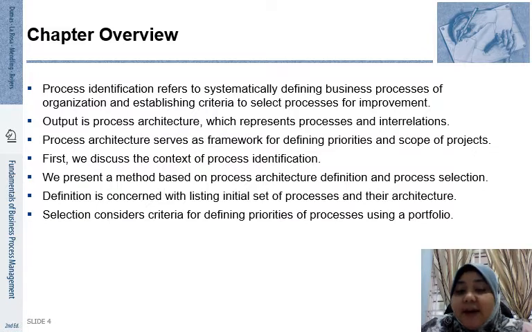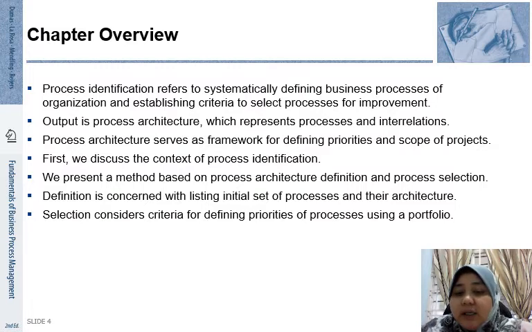We must identify that. First, we discuss the context of process identification. We present the method based on process architecture, definition and process selection. Definition is concerned with listing the initial set of processes and their architecture. And selection considers criteria for defining priorities of processes using a portfolio.